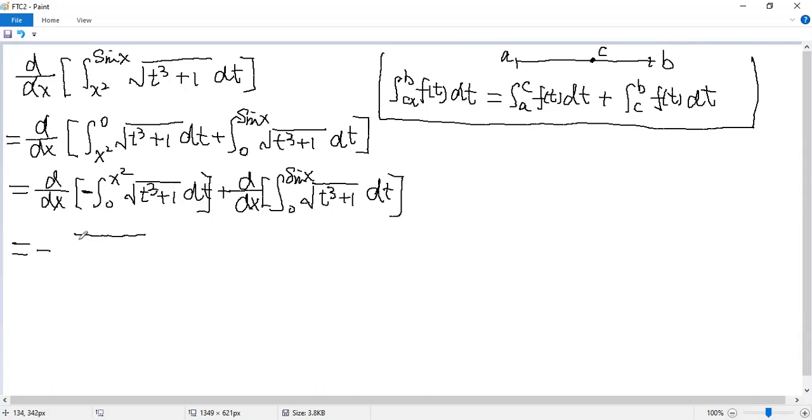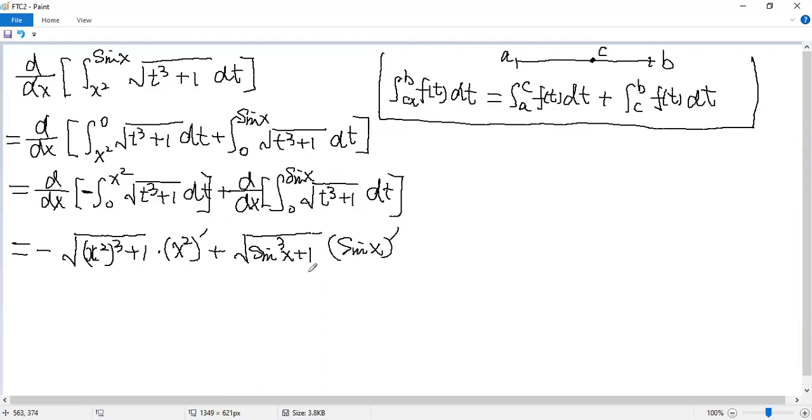So we get negative, replace t by x squared, so we get the square root of x squared cubed plus 1, times the derivative of the upper limit, so the derivative of x squared. For the second term, we replace t by the upper limit sin x, so we get the square root of sin x cubed plus 1, and then times the derivative of sin x.